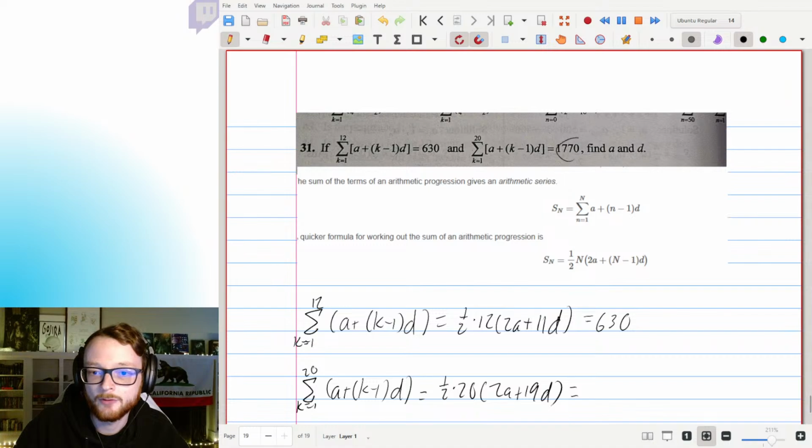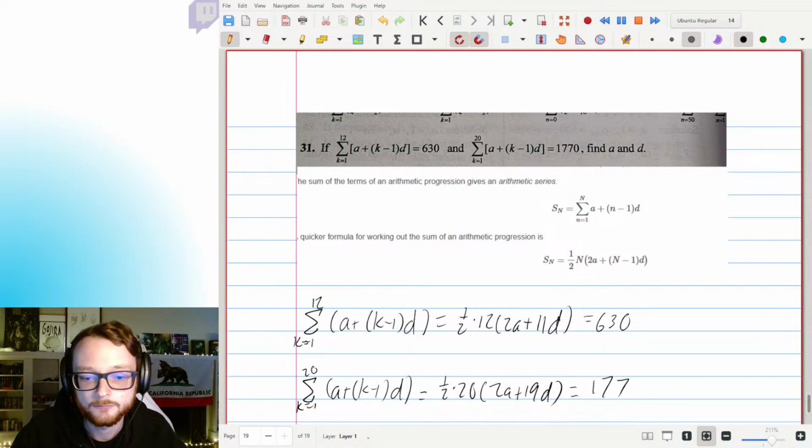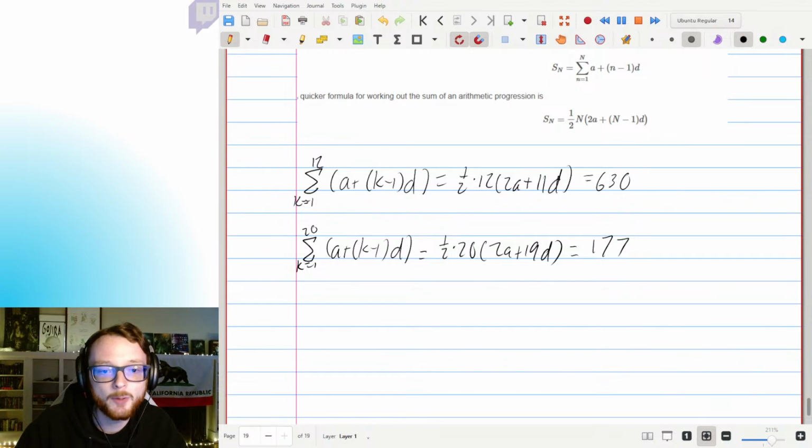But we know this is 1770. So after applying the formula, we've just ended up with a system of two equations with two unknowns. And so we can solve this using any technique you're used to, substitution or elimination. Let me clean up both of these a bit and we can follow it through.